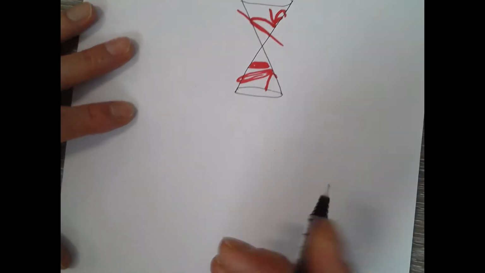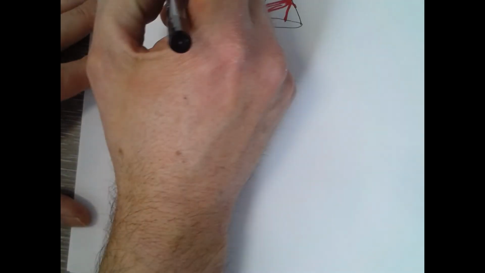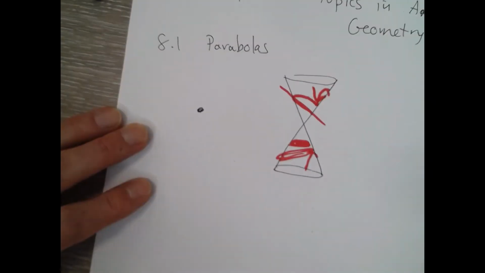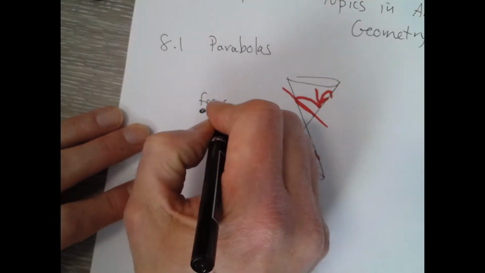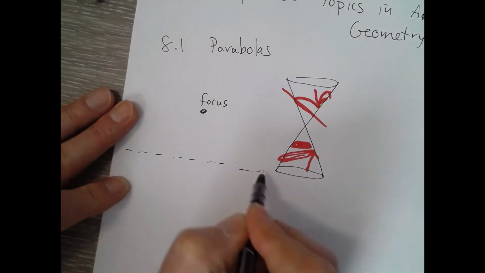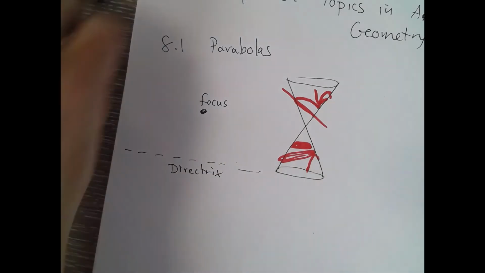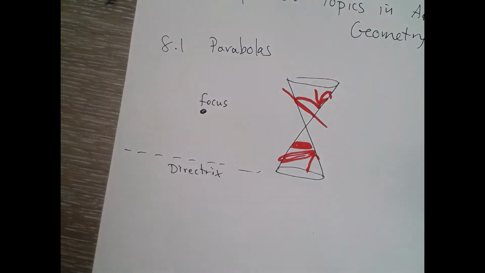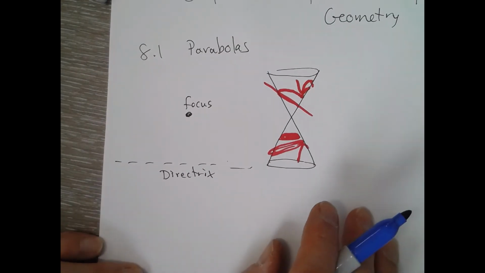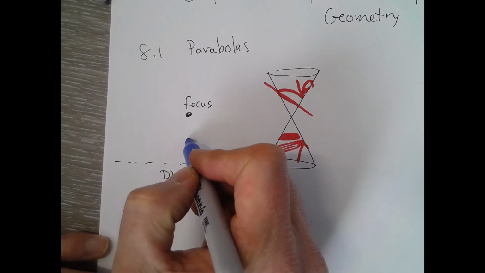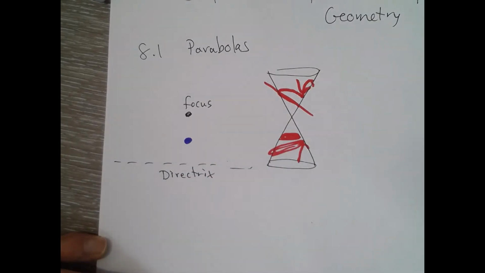So what is a parabola? If I take a dot, and I'll call it a focus, and I have a line, I will call it the directrix, and I wanted to find a point that is equidistant from the focus to the directrix. Would you agree that that point right here is the same distance from the focus to the directrix? Pretty close anyways, right?